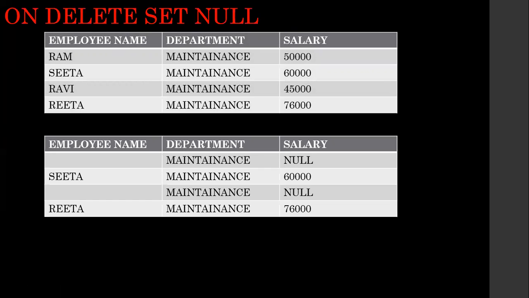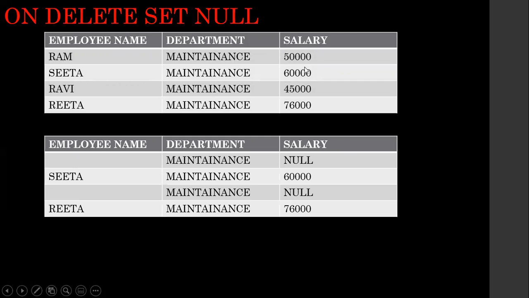In the second table, I have deleted the employees Ram and Ravi. If those employees are not working in the department, can we have a salary column for them? No, because now the employee is not working. He is not in the job.